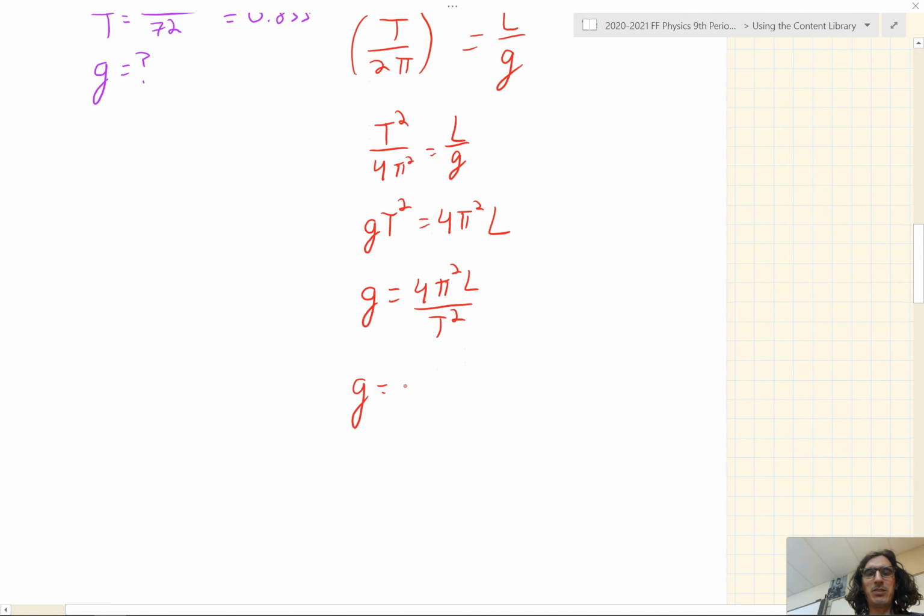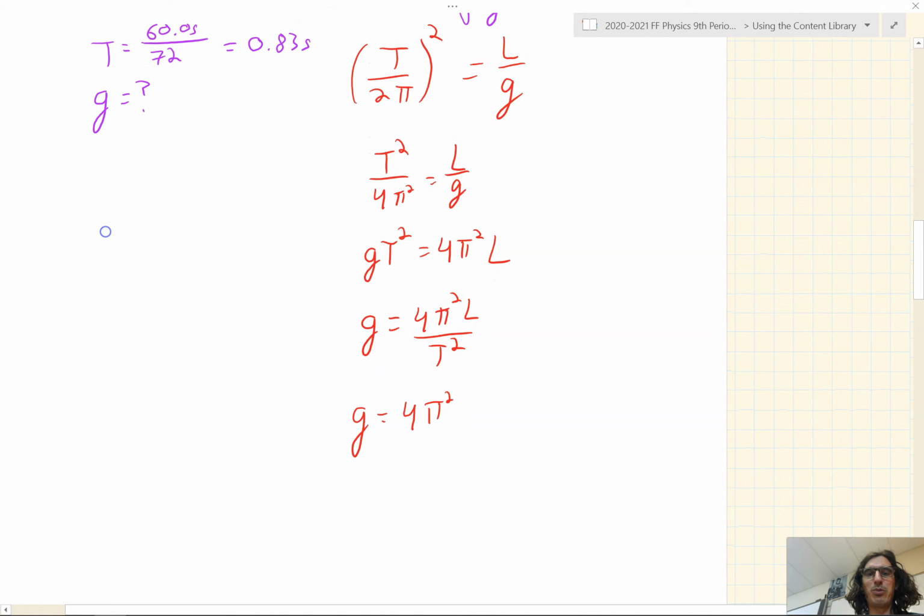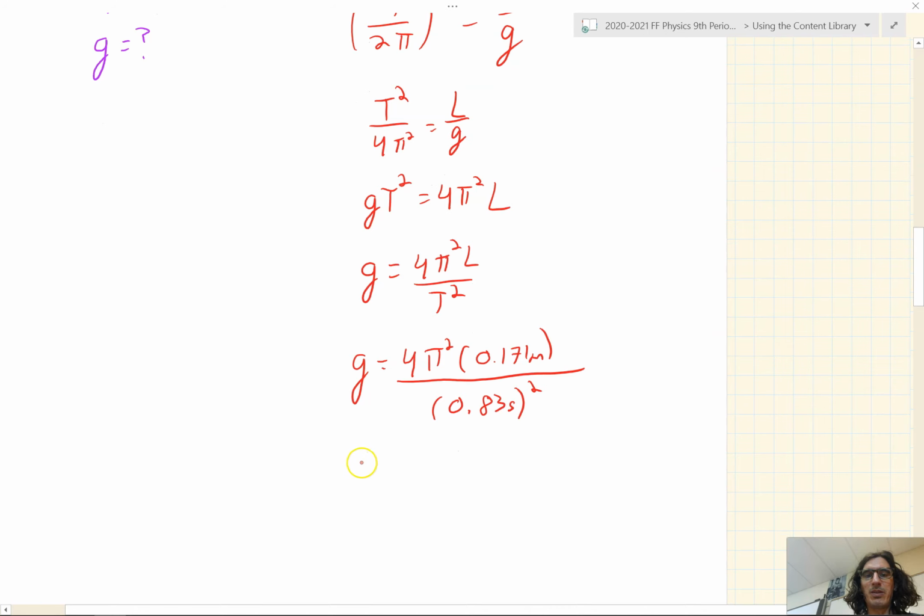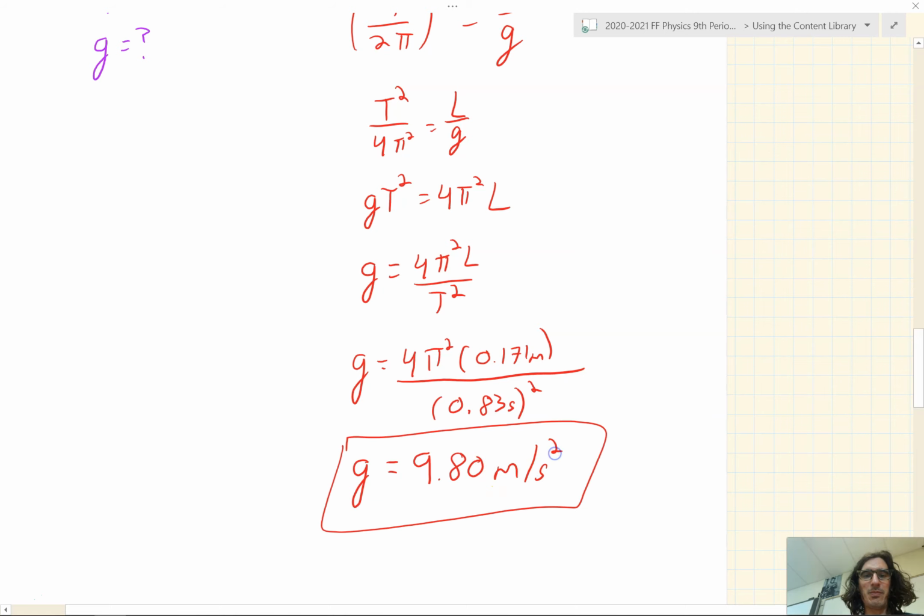Let's plug and chug. 4 pi squared times the length, 0.171 meters, all over the period squared, 0.83 seconds squared. Plug and chug, and we get the acceleration due to gravity to equal 9.80 meters per second squared.